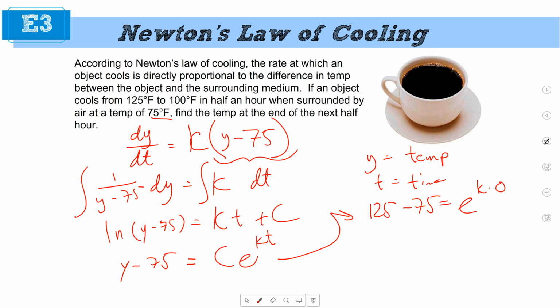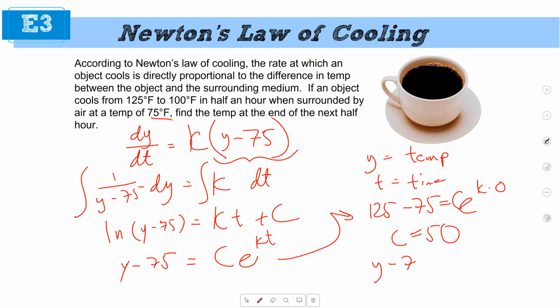Oh, I forgot the c, I'm sorry. Sloppy. There we go. So c is equal to 50. That doesn't mean that I started with a 50-degree cup of coffee. That means that that starting value for that equation is 50.